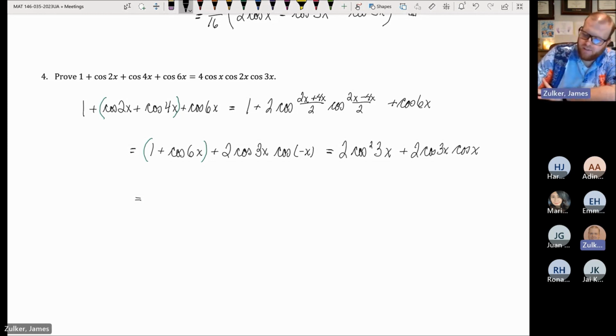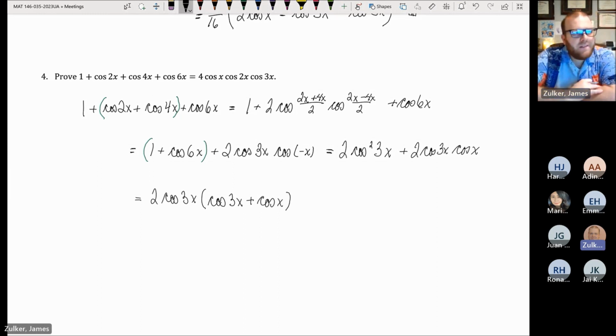Yeah, but now look, there's a 2 cosine of 3x common. Sum to product.